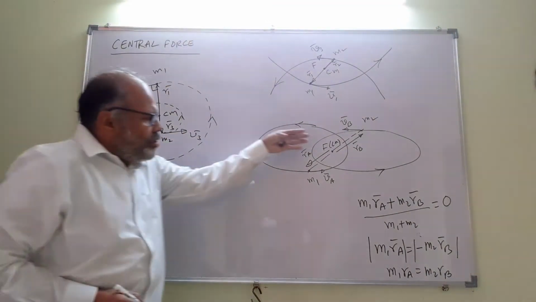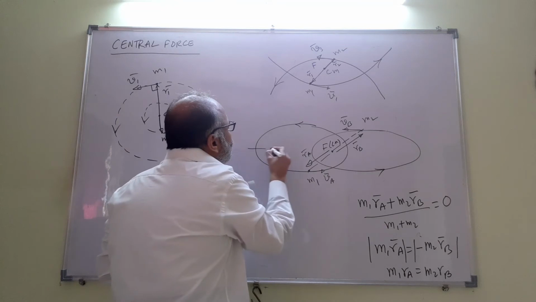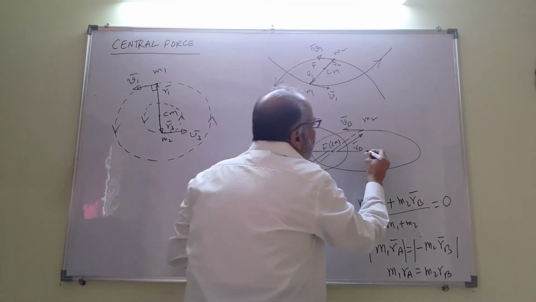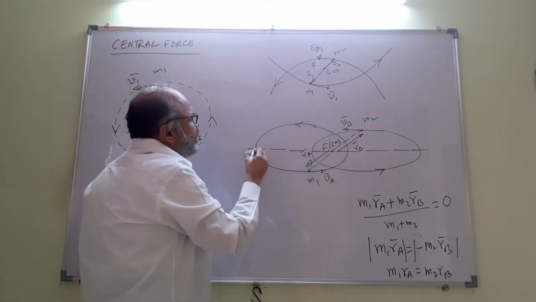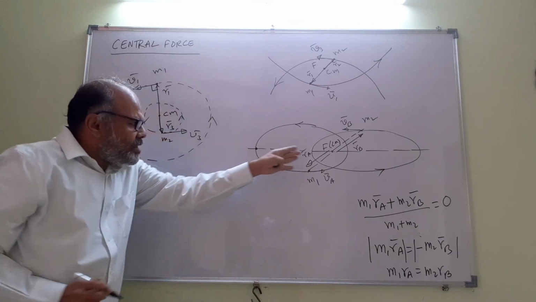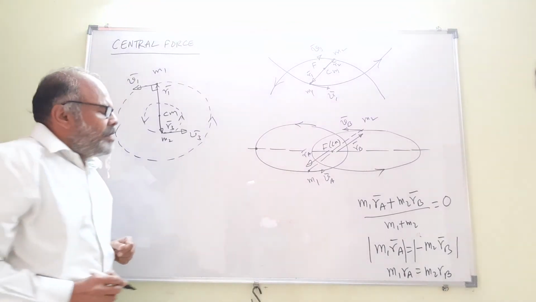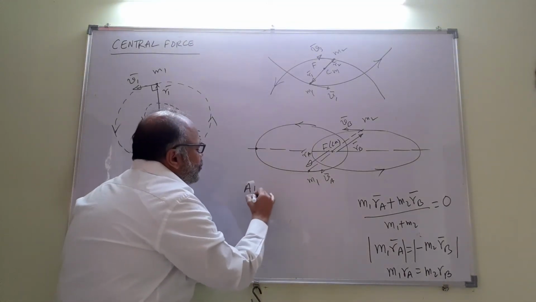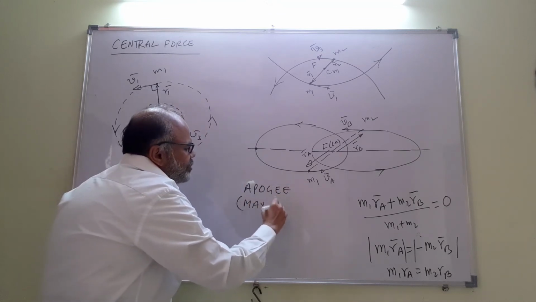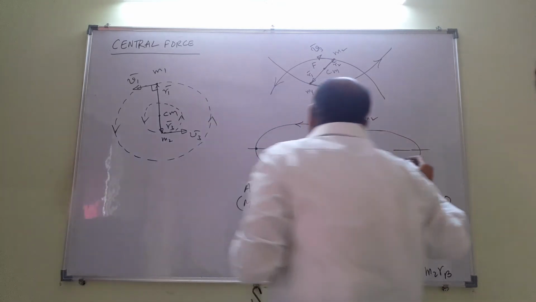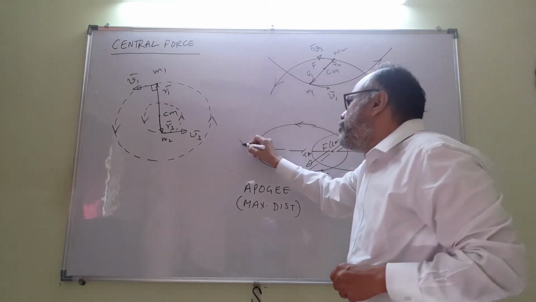Now, if you take the major axis of both the ellipses, it is very clear that when this particle M1 is at its maximum distance, that is also called the apogee position, the other particle M2 will also be at its maximum distance.